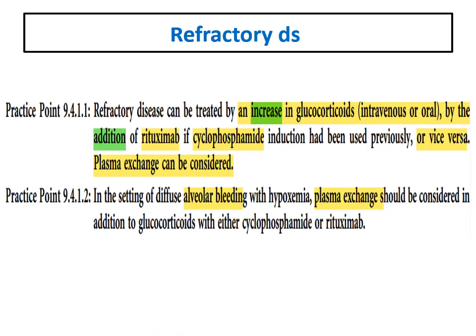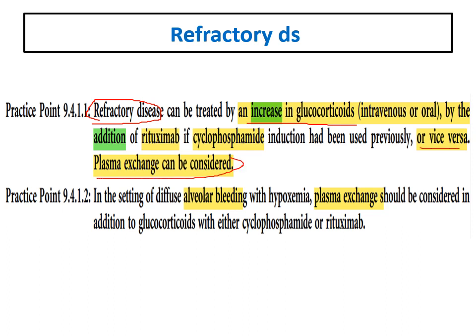What about a refractory disease? Refractory disease, if there is no response to initial treatment, can be treated by an increase in the steroid dose and by the addition of rituximab or cyclophosphamide. If we used cyclophosphamide, we should try rituximab, and if we used rituximab earlier, then we can try cyclophosphamide.